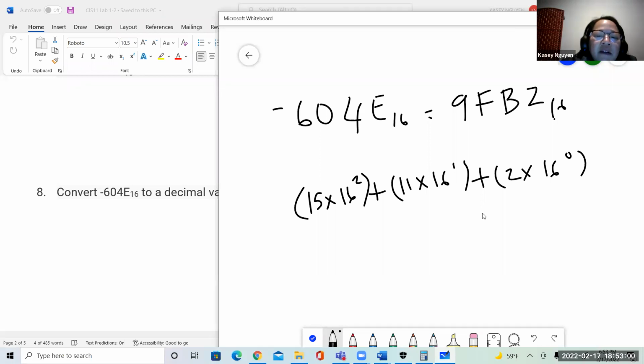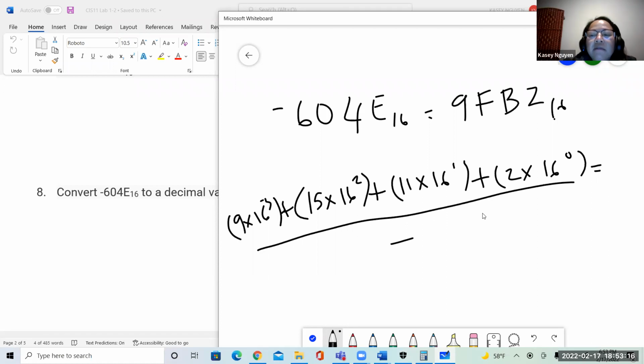Then lastly, our 9. So 9 times 16 to the 3rd. And then when you have your answer, you would carry the negative and then add this up.